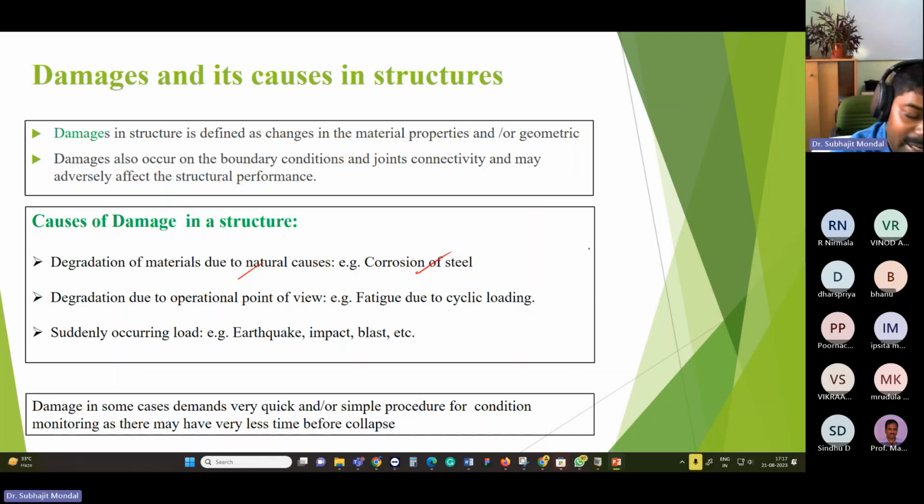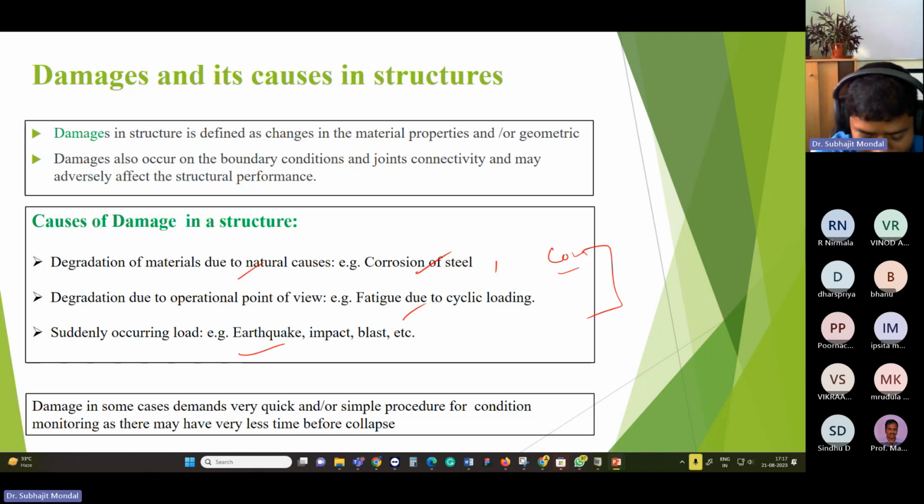It can be fatigue crack, or developing cracks due to cyclic loading, or it may happen due to sudden earthquake loading, or impact, blast or traffic loading. Or there can be damage in the concrete, maybe due to sulfate attack or another chemical attack. So there are various conditions for which there can be damage in the structures.